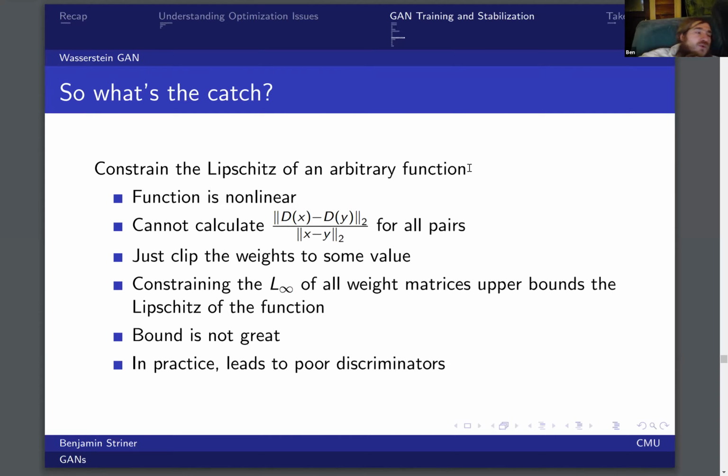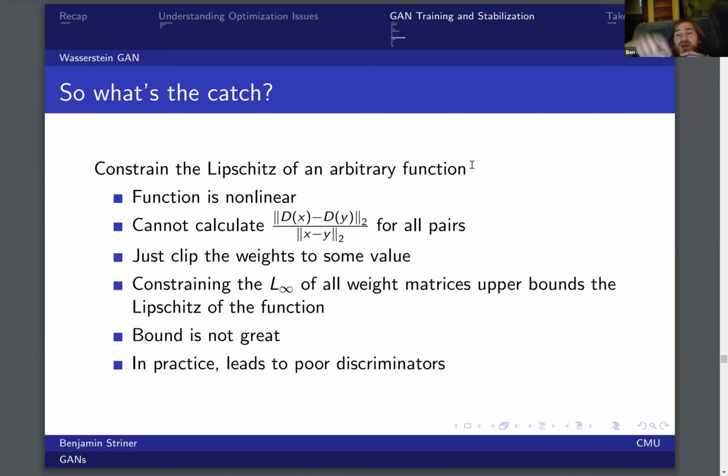I've got a neural network. The neural network has millions of parameters, and I want to declare that the Lipschitz does not go above X. And that itself is hard to do. So we've taken a hard problem, converted it into another hard problem, converted it to another hard problem.